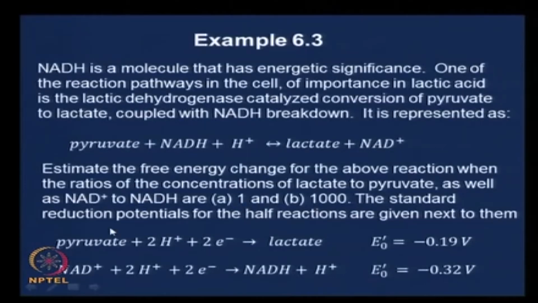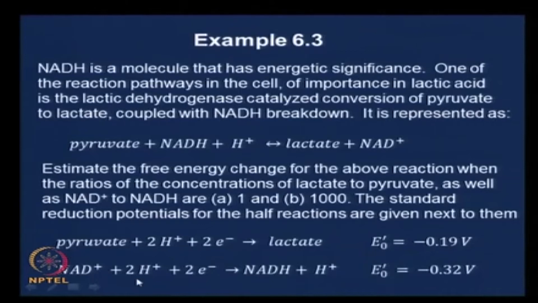The standard reduction potentials for the half reactions, recall what half reactions are, are given next to them. Pyruvate plus 2H plus 2e minus gives you lactate. This is one half reaction where the standard reduction potential E naught dash, again the dash refers to a pH 7 condition, equals minus 0.19 volt.